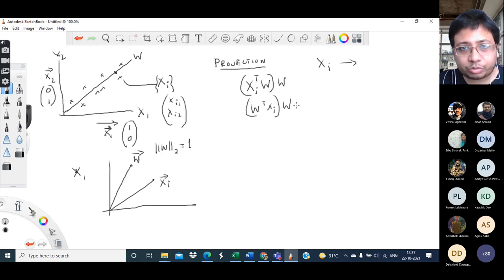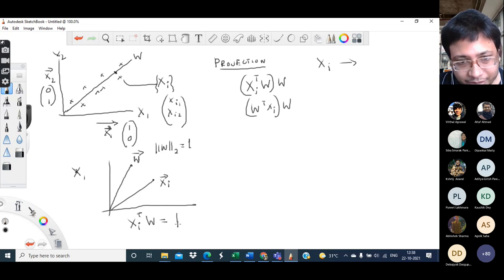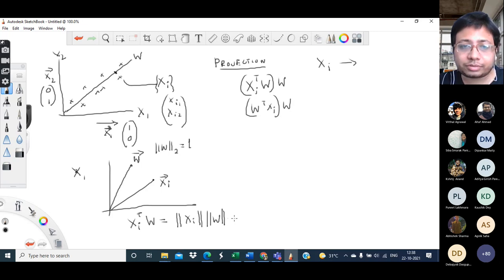Now when I talk about this quantity xi dot W, what does it mean? As you would have studied in physics for your JEE, xi dot W means the magnitude of xi times the magnitude of W times cos theta, where theta is the angle between xi and W.